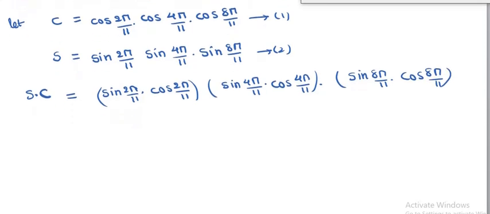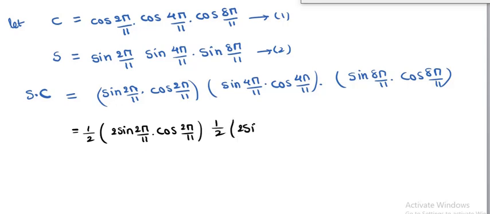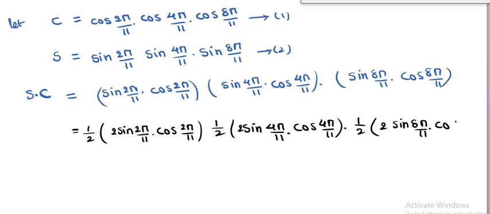Next step, taking 1 by 2 into 2 sine 2 pi by 11 cos 2 pi by 11. Next, 1 by 2 into 2 sine 4 pi by 11 cos 4 pi by 11. 1 by 2 into 2 sine 8 pi by 11 cos 8 pi by 11.